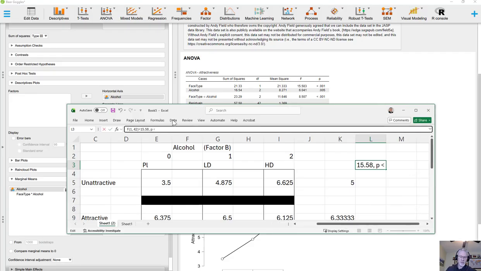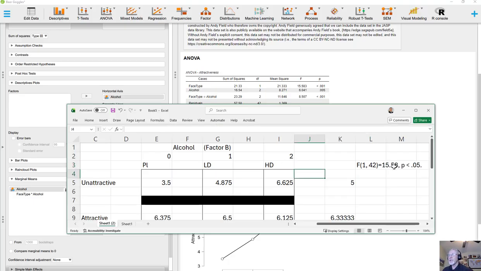P less than 0.05, or you could say P less than 0.001, but I'm going to go with the traditional P less than 0.05. So that is a significant main effect for face type.